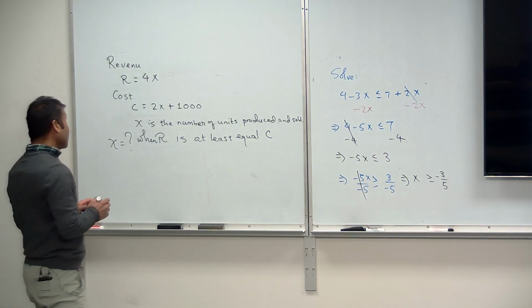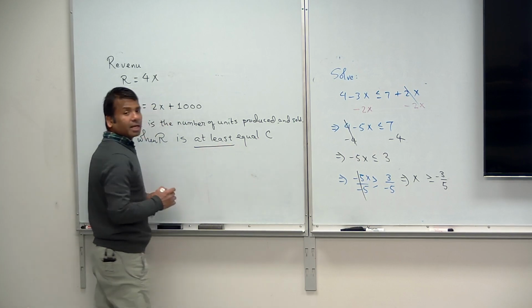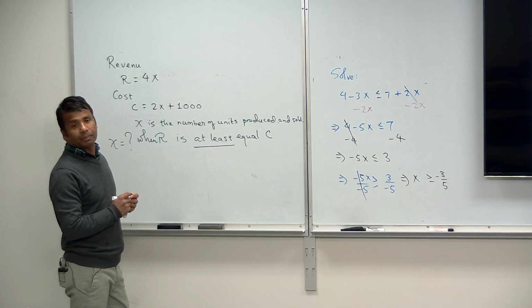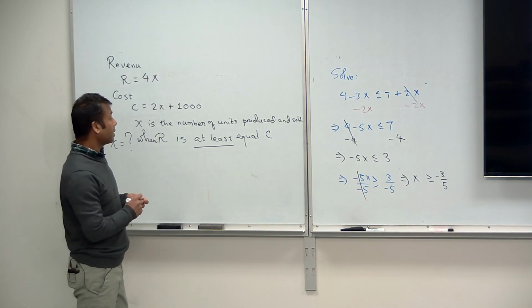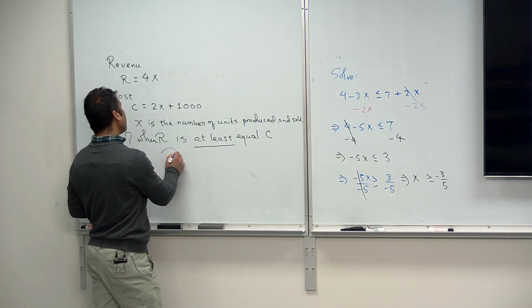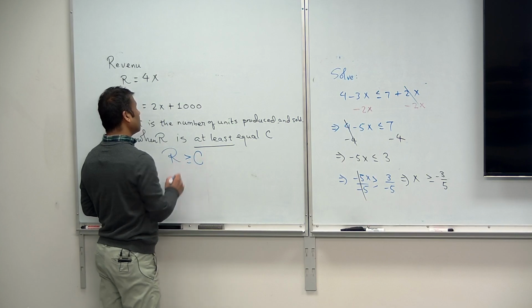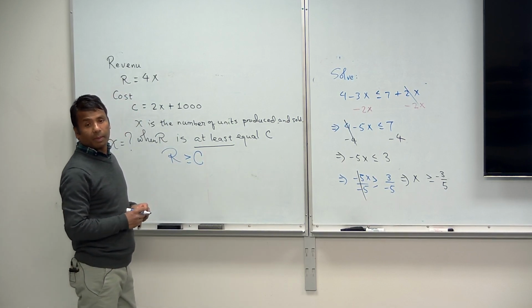So at least. So what is the inequality sign for at least? Yes, greater than or equal to. So this is the same as R is greater than or equal to C. Make sense?